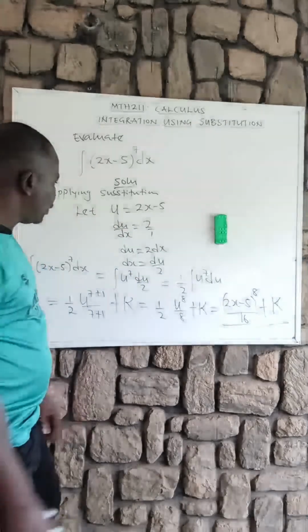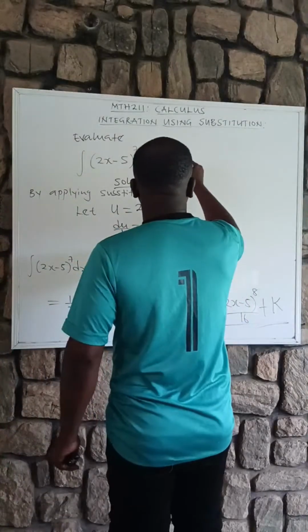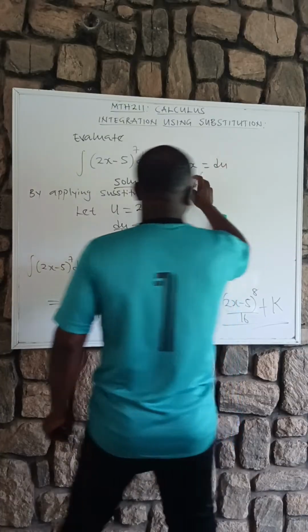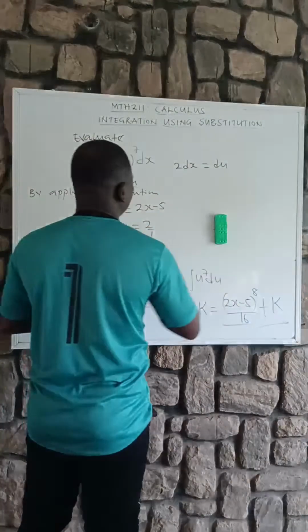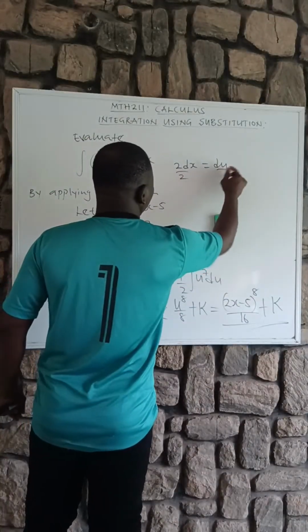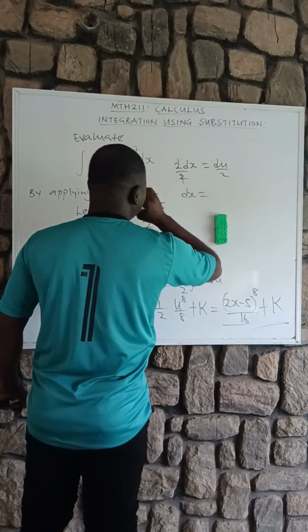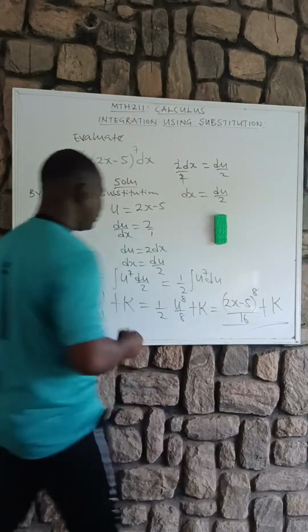True or false? So now dx equals du over 2. If you want to make dx the subject of the formula, you divide by 2. So the left hand side will be dx equals du all over 2.